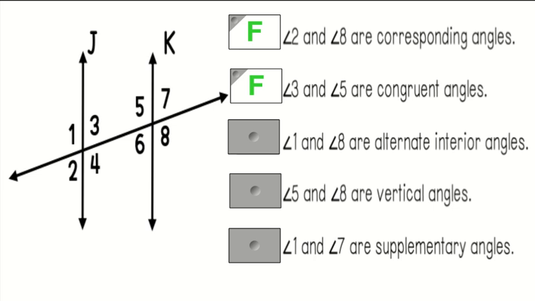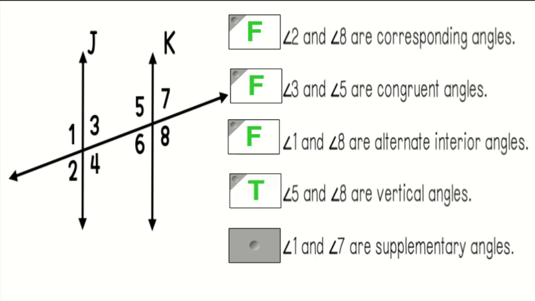1 and 8, are they alternate interior angles? No. What's interior mean? Inside. 1 and 8 are outside the parallel lines, so they would be alternate exterior angles. 5 and 8, are they vertical angles?